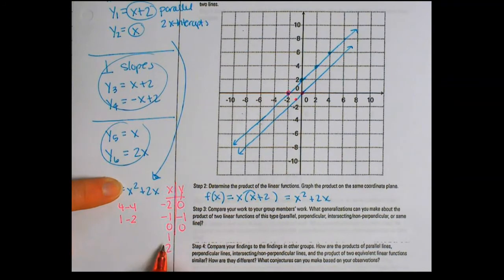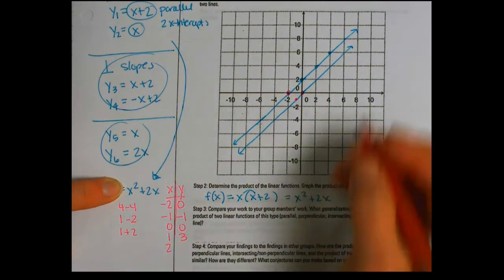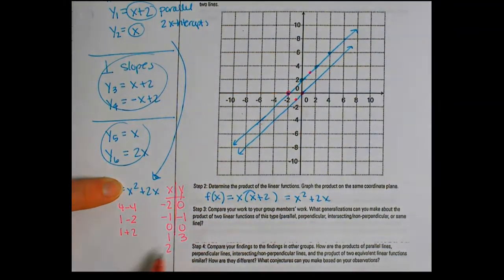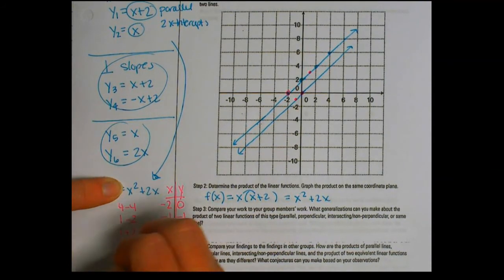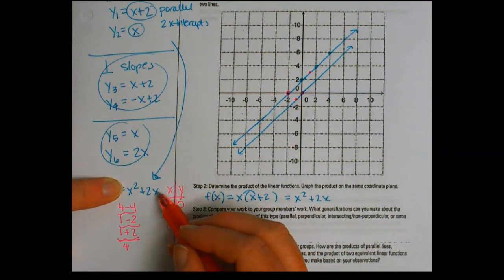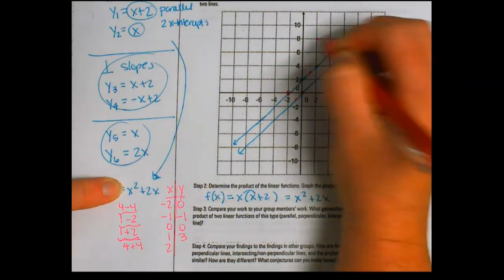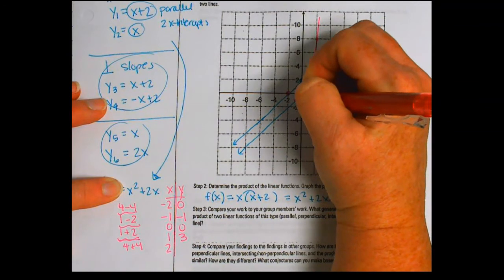And then 1 will be 1 plus 2, or 3. And then 2 plugged in here: 2 squared is 4. 2 times 2 is 4. That's going to be 8. So at 2, I'm up here at 8. And I can see I've got this shape going on.